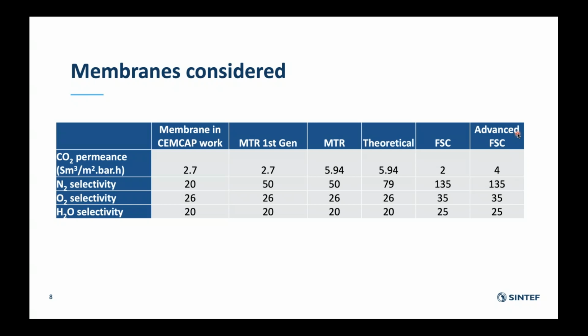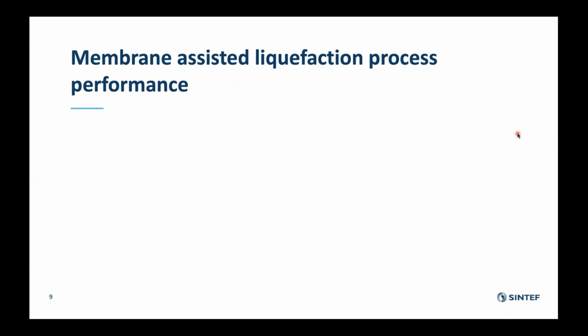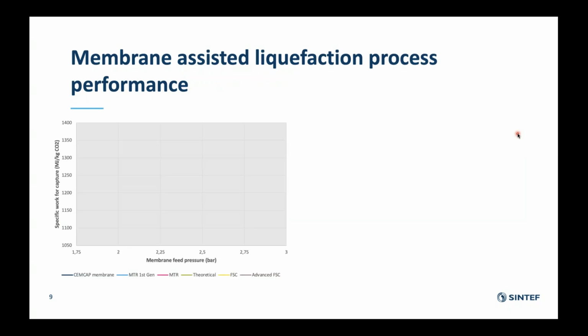Okay, so in the next few slides, we look at the results that we obtained from simulating the process in HYSYS with an in-house multi-component membrane model that we have developed. So the first one we're looking at is the specific work for capture at different membrane feed pressures.